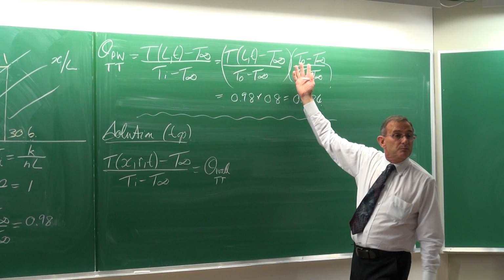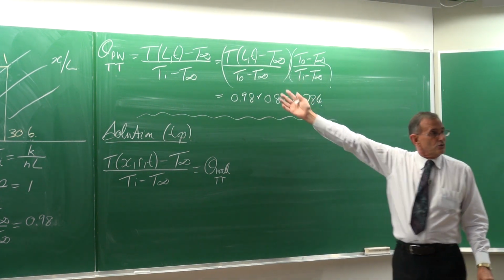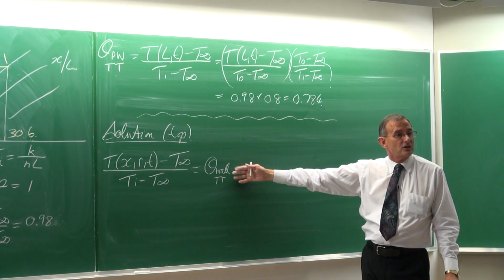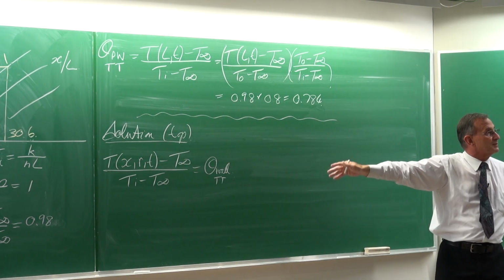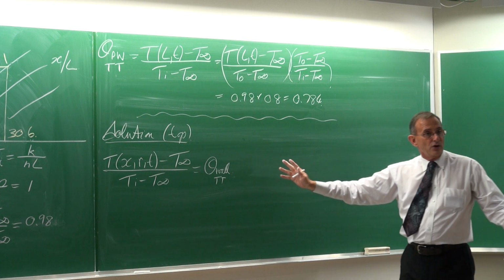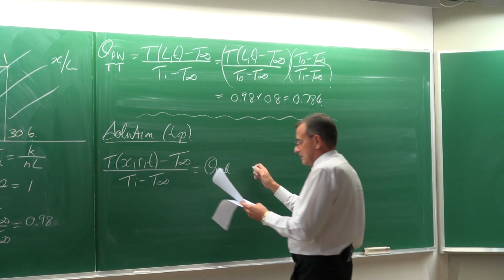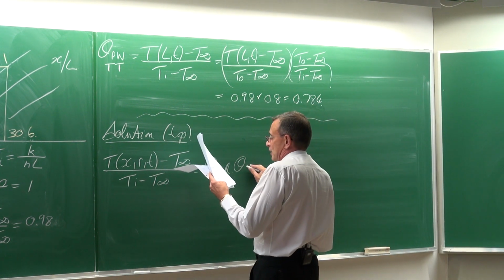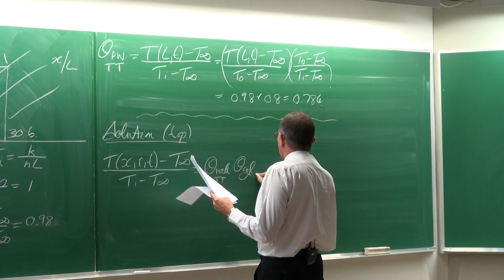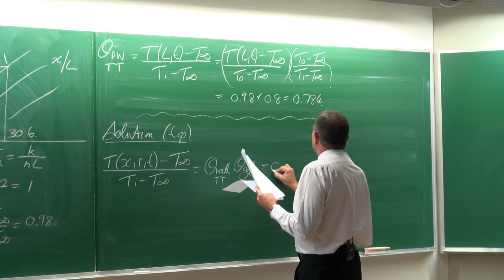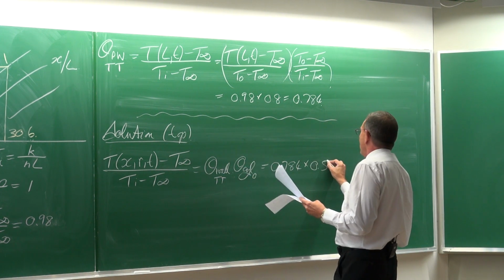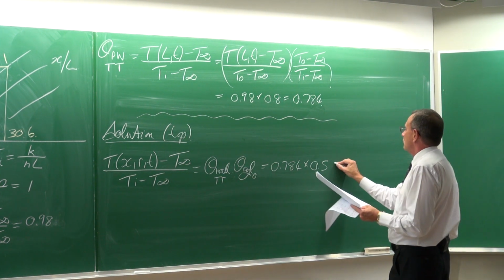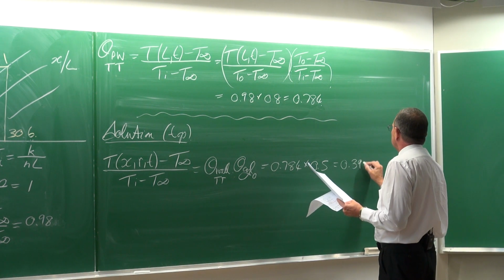I'm writing out the temperatures like this because I know that you're not used yet to the non-dimensionalized temperatures, but once you've worked through this a few times, you'll see that it is much more convenient to work with the non-dimensionalized values, multiplied by that of the cylinder at 0, and therefore it is equal to 0.684 multiplied by 0.5, which is equal to 0.392.